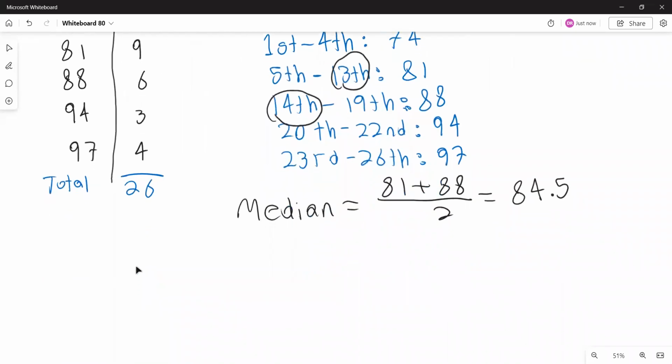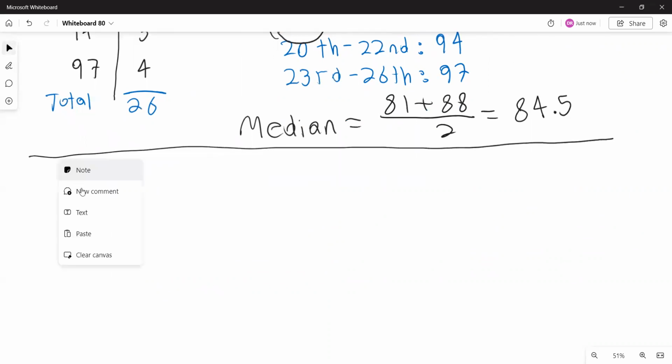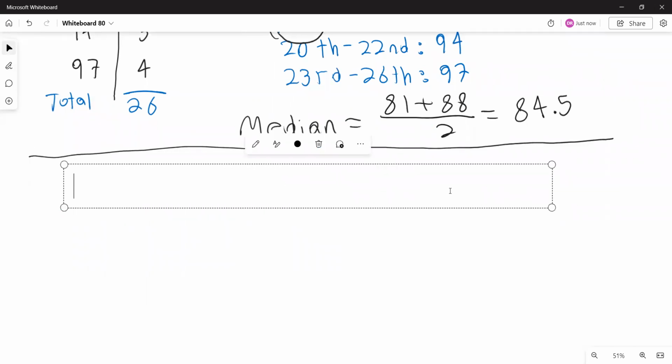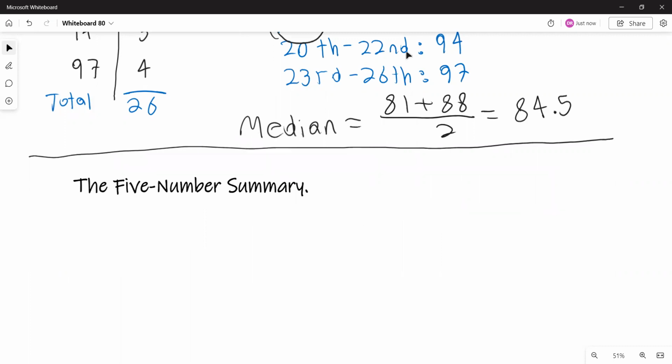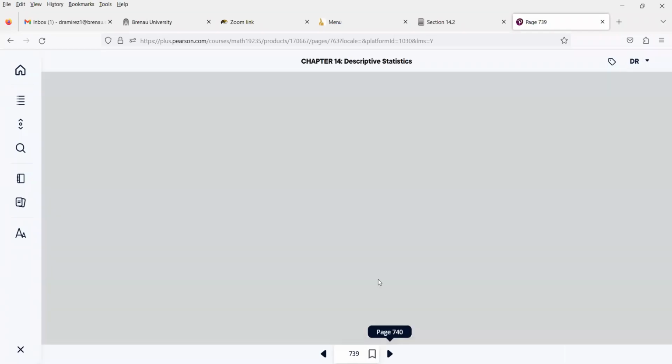Okay, so to get more information about how the data is distributed or spread out, you can use the 5-number summary, which is going to be finding medians. That's on page 739.